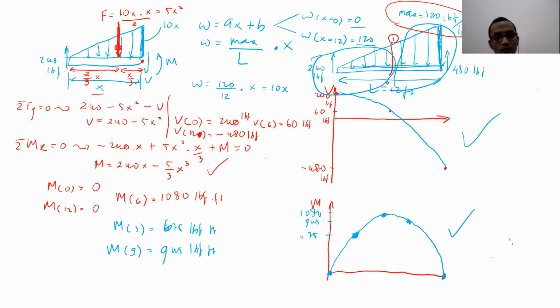What force is supposed to be there is based on the cut that we do. So if we use the left side of the cut, then only 120 lbf will be there and the distributed force. If we use the right side of the cut, then I will use 480 lbf and the distributed force. You get it?